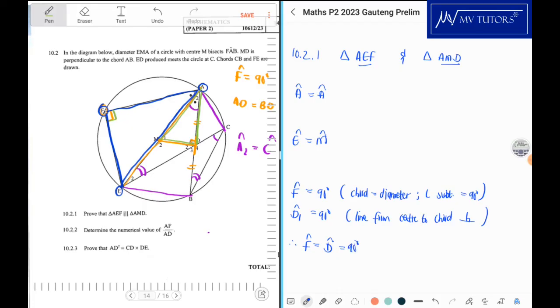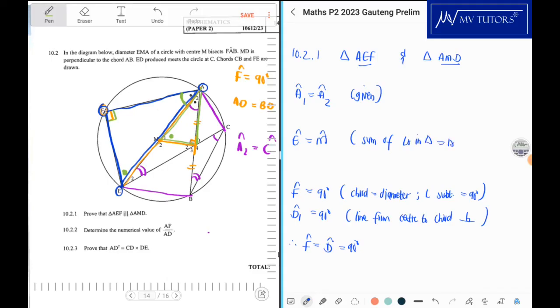So we have one of the angles. Great. Now another angle is A1, which is equal to A2, and that was given, okay, because they told us that the diameter does bisect angle A. All right, and then E as well as M. So here's E and there's M. Well, we could just say sum of angles in a triangle.